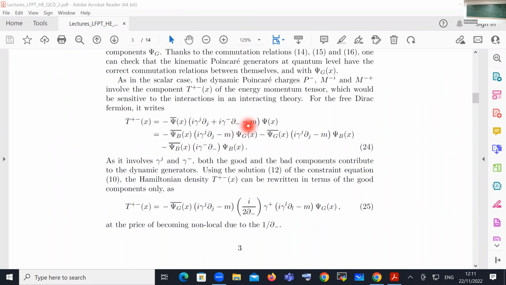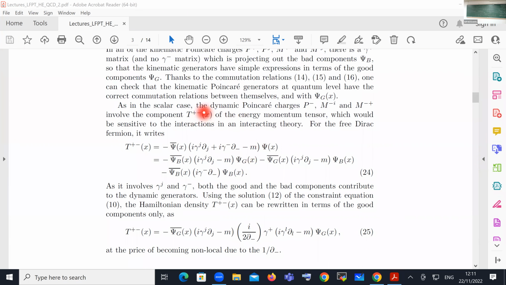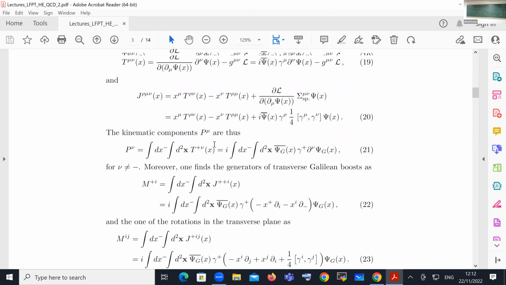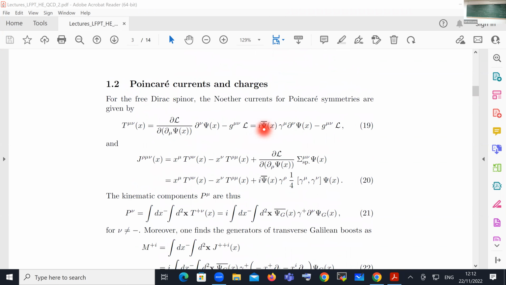So now, if we look at the dynamical charge, for example P minus, this contains the plus minus component of T mu nu, which plays the role of the light-front Hamiltonian density. So now, if we write this one here, that would be plus here and upper minus here, which means the lower plus.